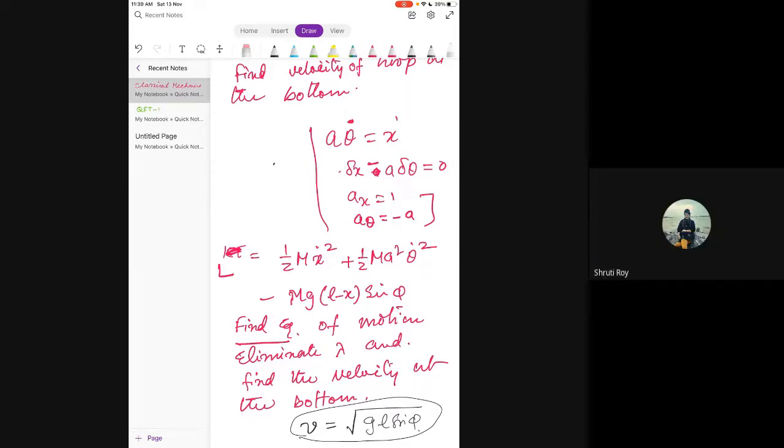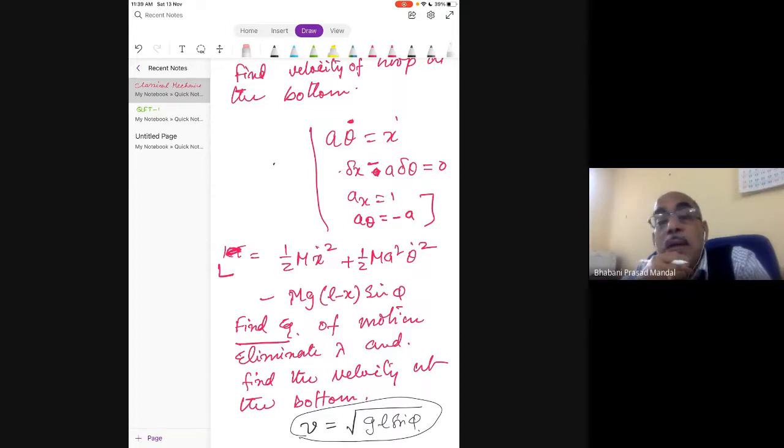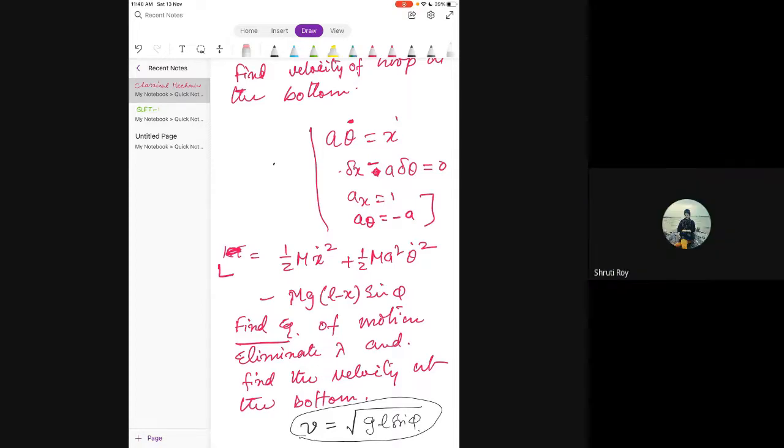Sir, Krista sir was saying that the central force problem will be taught by both the teachers. Okay, I'll talk to him, but that was not the understanding. But he has finished the canonical transformation. He has finished the Poisson bracket. Sir, last class was based upon Poisson bracket only, but not yet finished, I think.